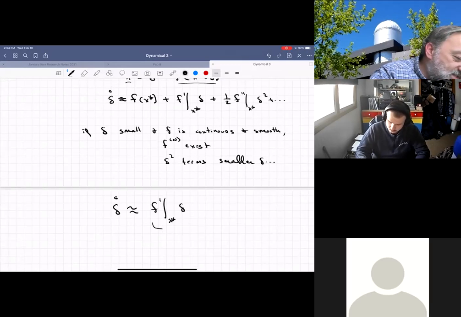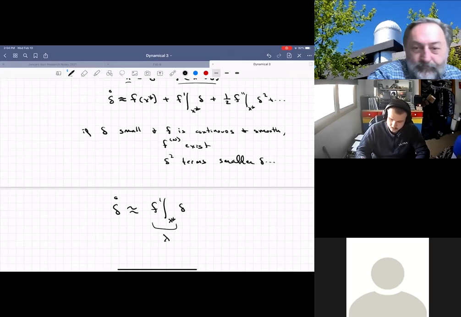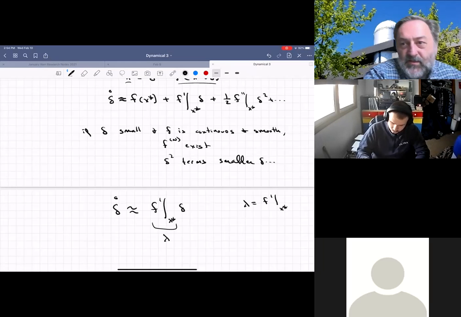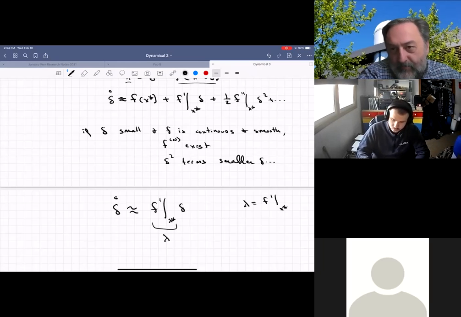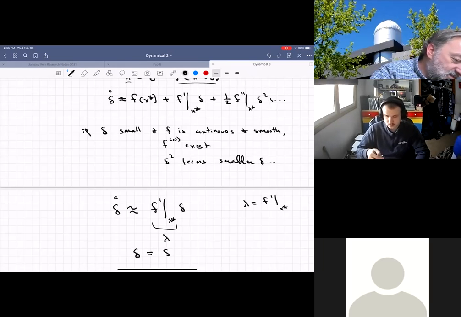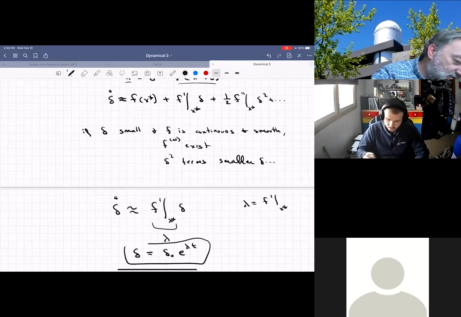So let me call lambda to be F prime evaluated at X star. So that's the derivative of my flow function, my ODE, evaluated at the fixed point. So now this is just a linear differential equation. So delta is some delta 0 e to the lambda t, the solution to the linear differential equation.